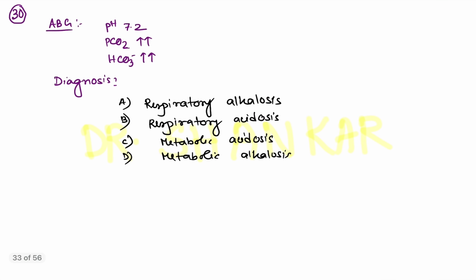Coming to question number 30, a straightforward question. ABG is showing pH 7.2, definitely this is suggestive of acidosis. So the first two options are ruled out. This is not alkalosis, this is not alkalosis. So options A and D are excluded.